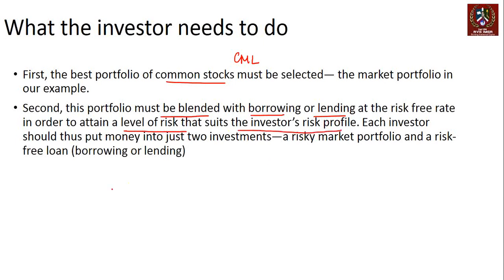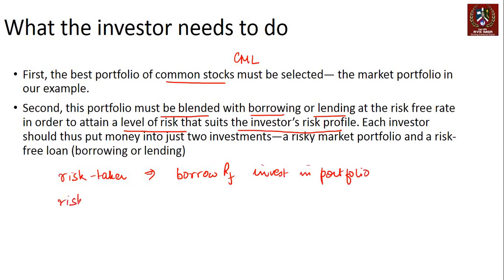We saw two examples. If you have a risk taker as an investor, you would want to borrow at RF and invest in the portfolio because you can increase the return here.